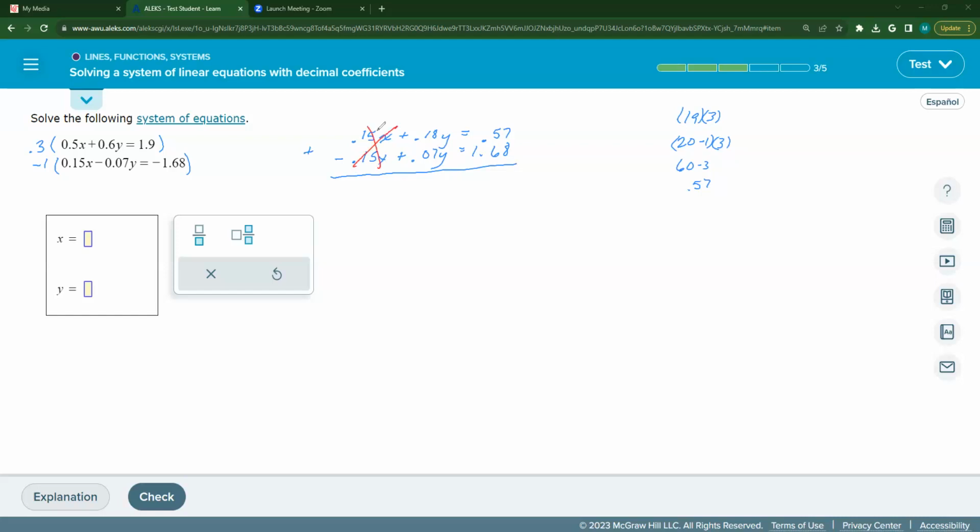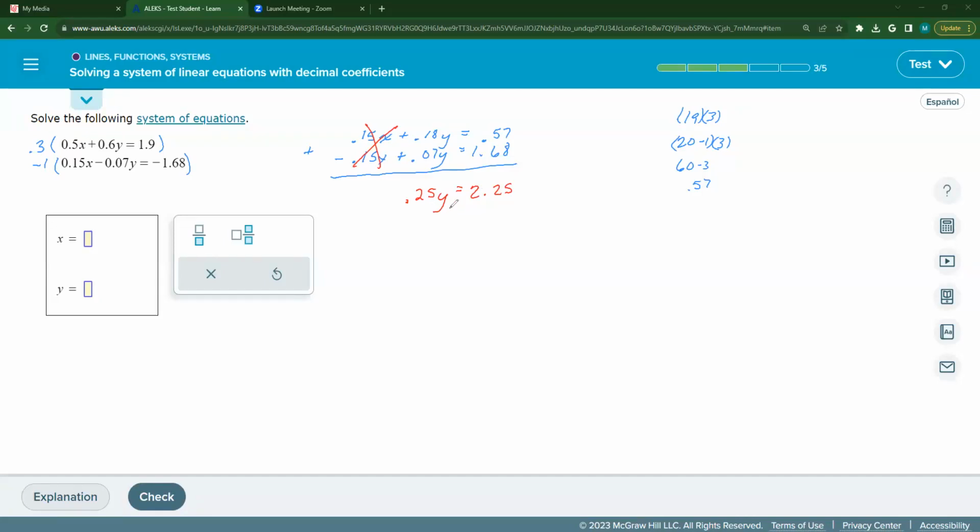These two cancel out. 8.18 plus 0.07 is 0.25. Y equals, adding this together, this is going to be a 2.25. Now I'm thinking quarters because 25 cents.